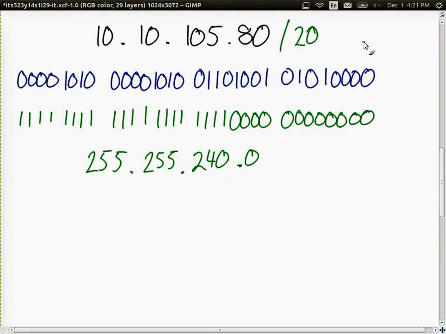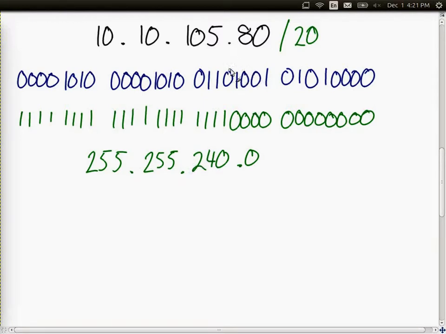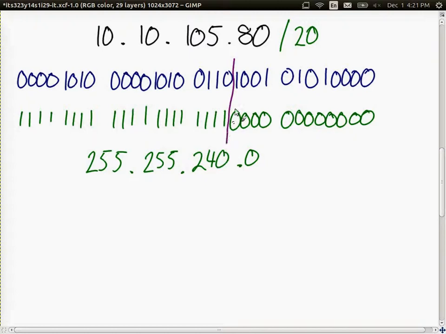It's just a different notation. But note, here, with a different subnet mask, the split between network portion and host portion occurs, if I line it up here, after the 20th bit.